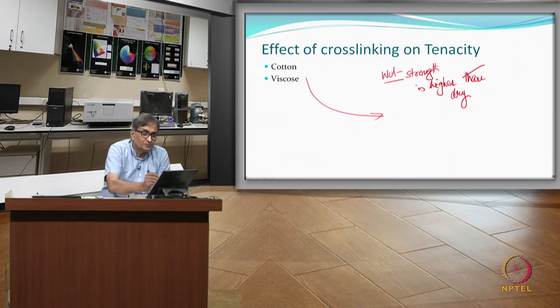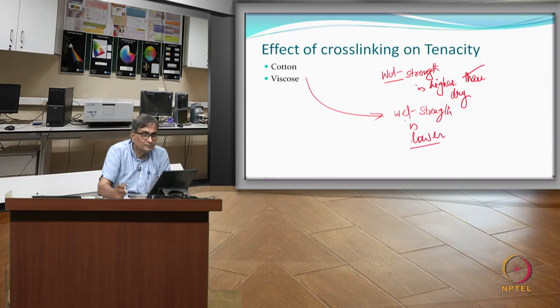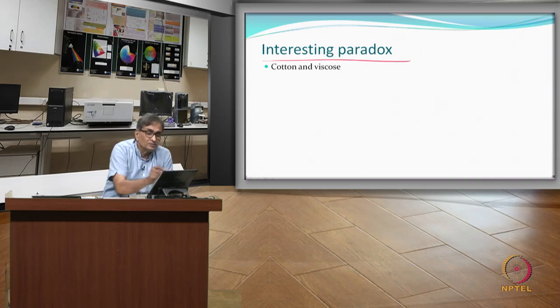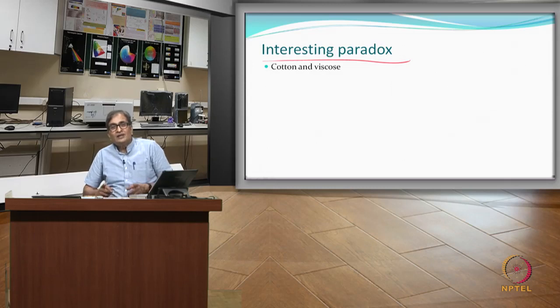It has always been seen that the wet tenacity or strength is lower. So, that is the wet. So, this is an interesting paradox. The wet tenacity of cotton is higher and the wet tenacity of viscose is lower.